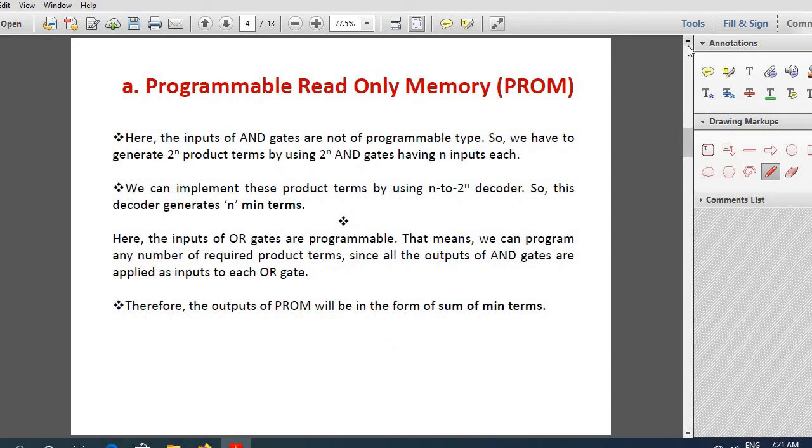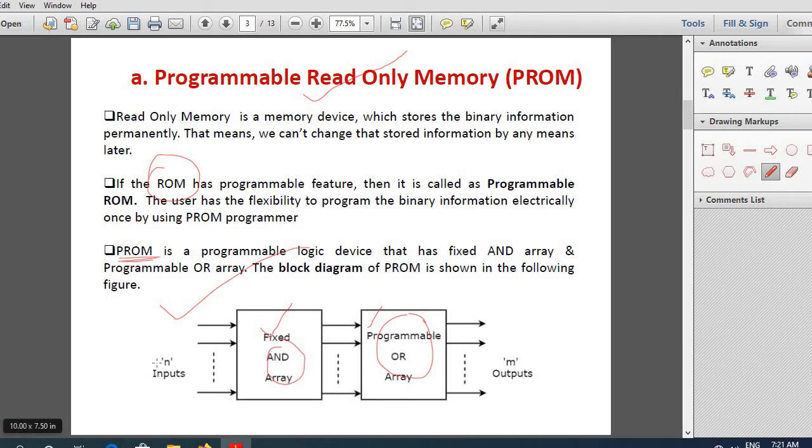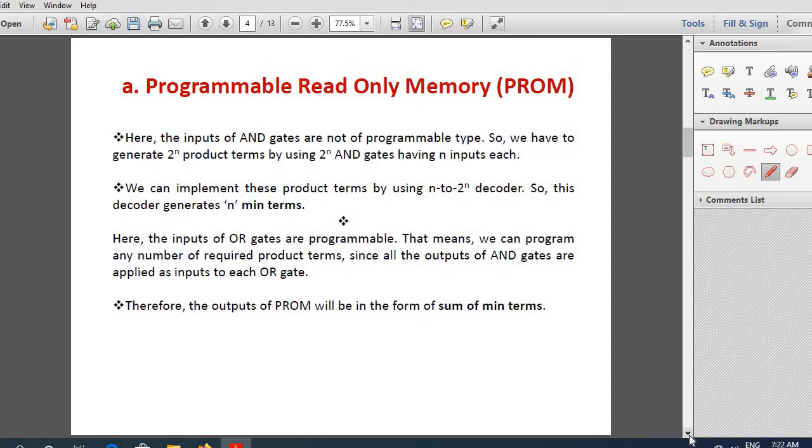So I told you here there are n inputs, but each of the inputs can take original value and complemented value. So in total, how many combinations with n inputs are possible? You know that with 2 variables, how many combinations are possible? 4, right? With 3 variables, how many combinations are possible? 8.